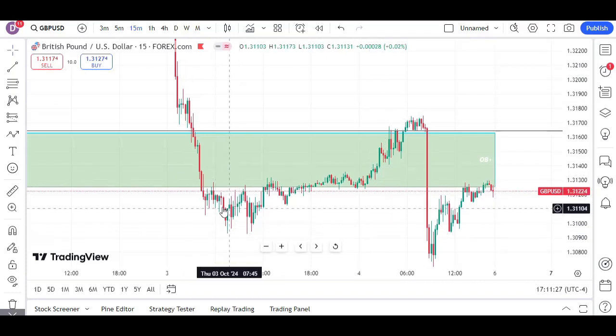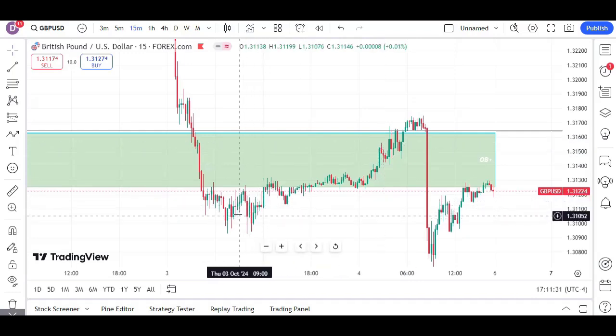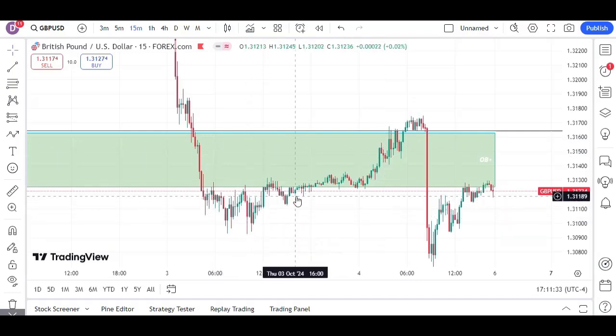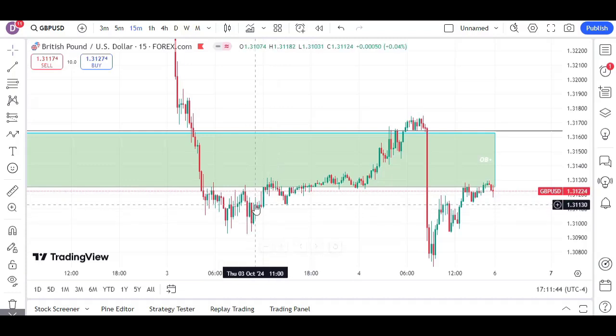So the moment we got into this and started going higher, a lot of people would have bought, a lot of people using supply and demand, whatever it is you are using. In fact, ICT traders sometimes get it wrong and start buying.